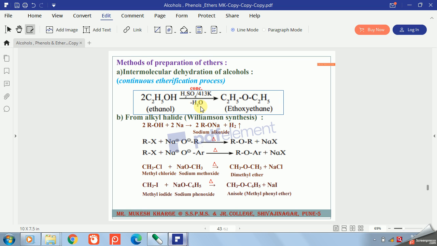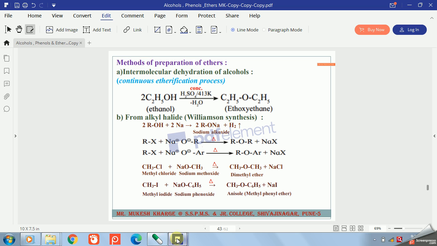During this reaction water is also a byproduct, and if it is not removed from the product side, it again reacts with this ether and we get ethyl alcohol back. So that's why we have to use concentrated sulfuric acid. Okay, so this is about the reaction. Then you have to keep the temperature at 413, and then we get an ether.